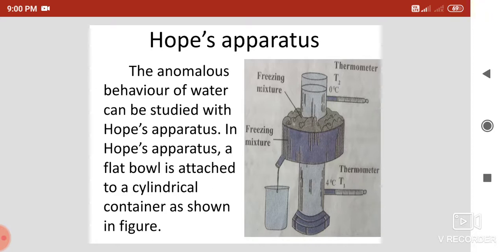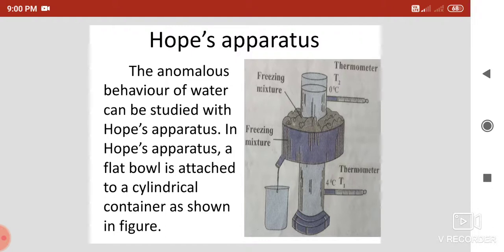Why did it happen like this? It is because between 0 degrees Celsius and 4 degrees Celsius, water shows anomalous behavior.